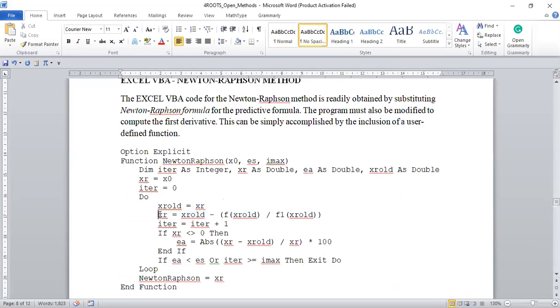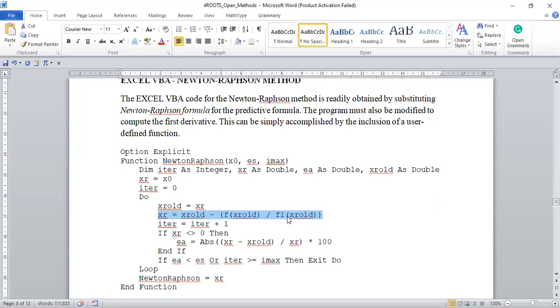So the new value of the root is equal to the previous value of the root, xr. Then you evaluate the function at the previous value. Then this is the first derivative function at the previous value. If you compare the fixed point iteration with the Newton-Raphson equation, this is the difference.